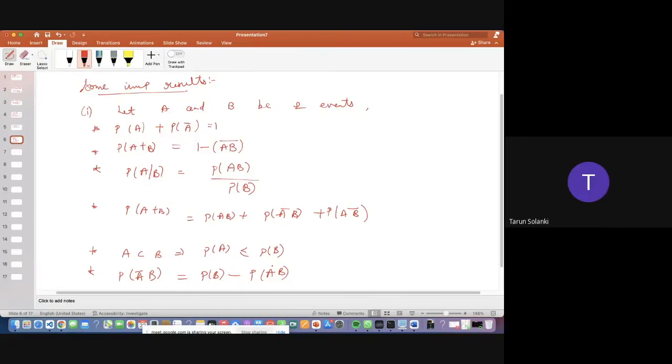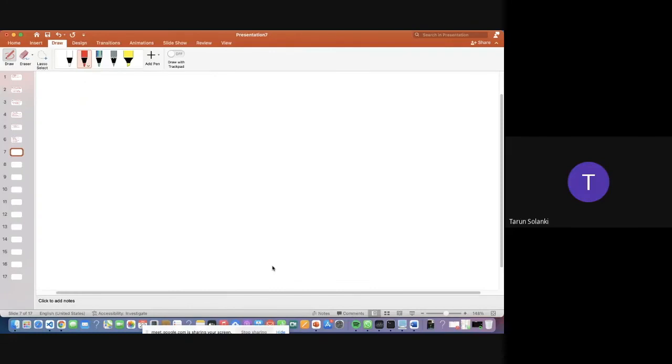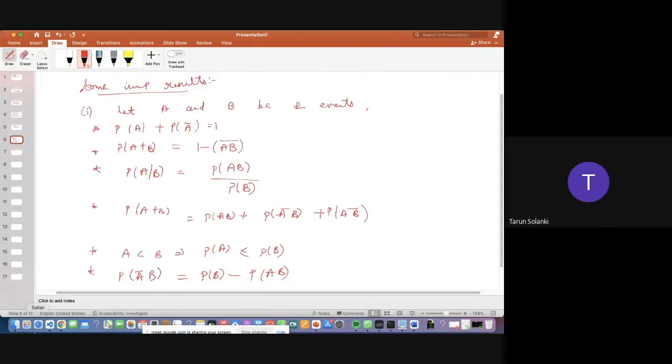Now let me write some more formulas. The number of exhaustive cases of tossing n coins simultaneously is 2 to the power n. Just a minute, first you need to copy this.